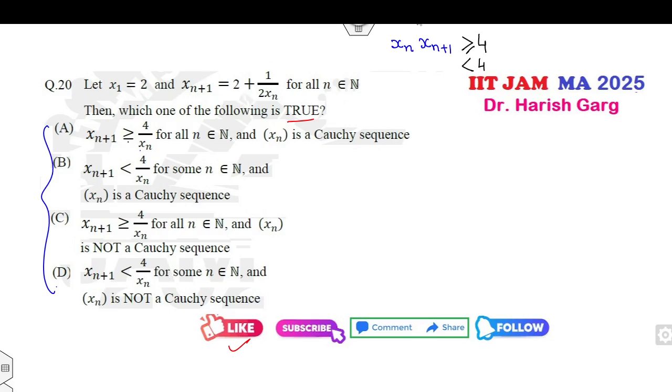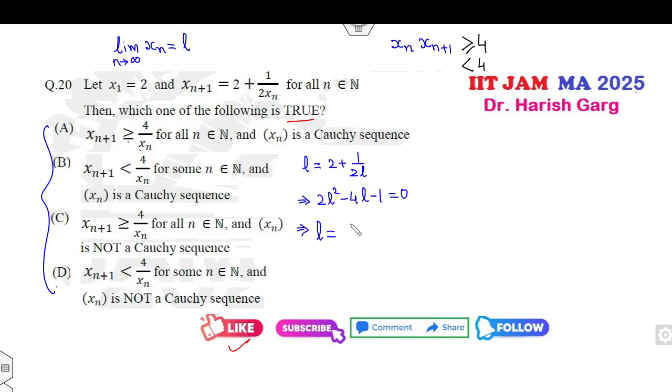Okay, सबसे पहले ये लिमिट्स चेक कर लेते हैं. Again, if I choose the limit as n approaches infinity of xn is L, check whether they are convergent or not. So it will be L equals 2 plus 1 over 2L. So I can take the LCM, 2L square minus 4L minus 1 is 0. Fine.